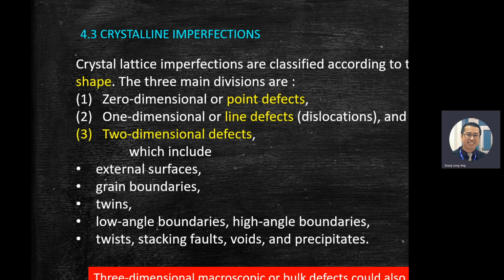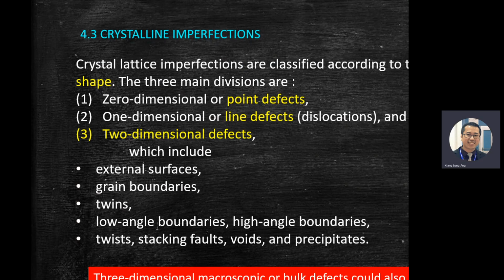When we talk about point defect, it means we focus on individual atoms. Something is wrong at this site. It's called 0-dimensional or point defect. In my module, I like to use point defect, but in some textbooks, they use 0-dimensional.